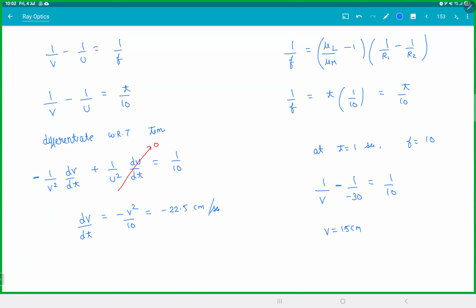Easy? So be careful with that. Every time something changes, just get the formula and differentiate.